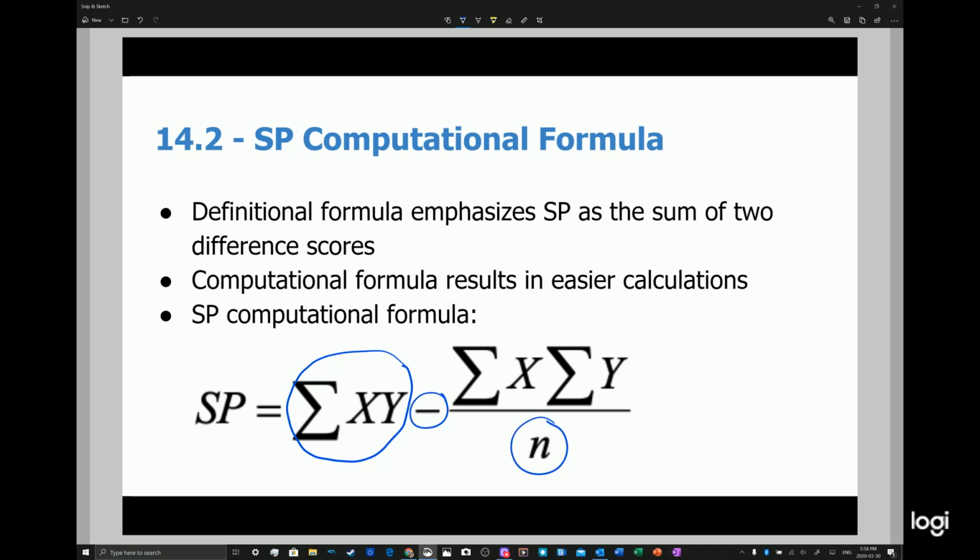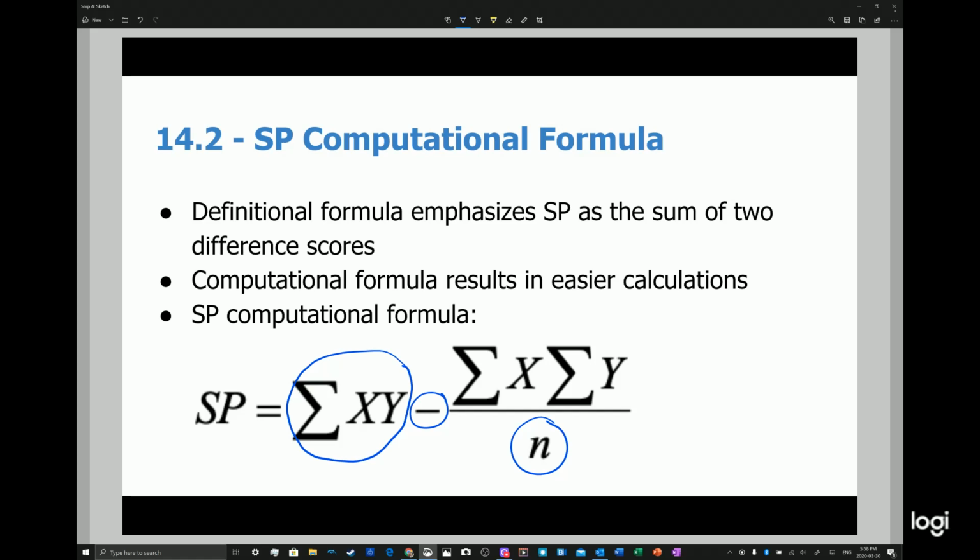And the n is here because, well, remember, you're getting deviation scores, which you need the mean values for, mean of x and mean of y. So to do that, you need the mean technique, which is you add up all the scores and divide by the number, n.